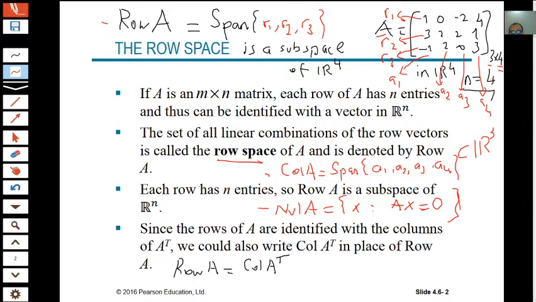And generally we write the column space is a subspace of R to the m, namely we take the number of rows, okay, R to the 3.